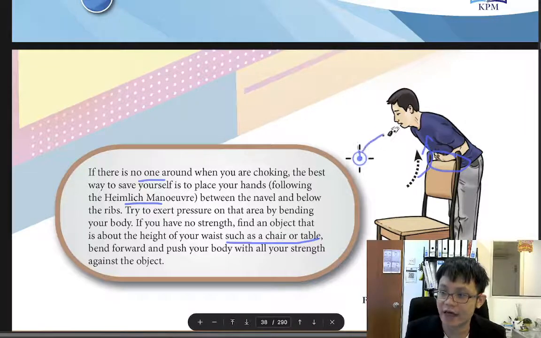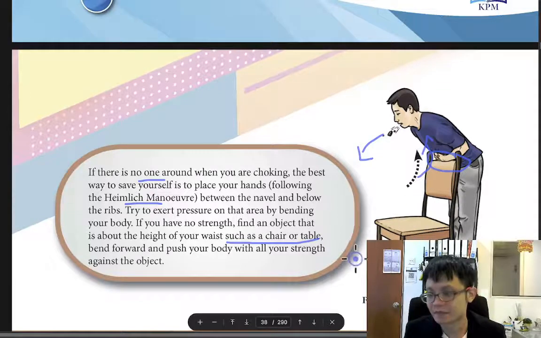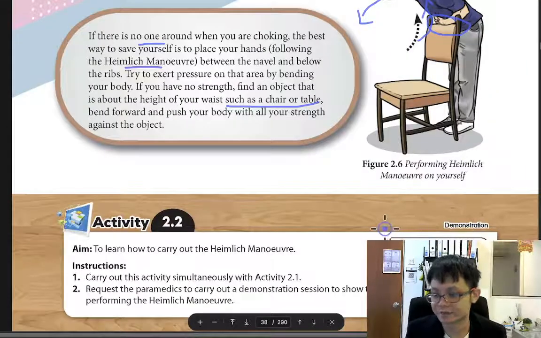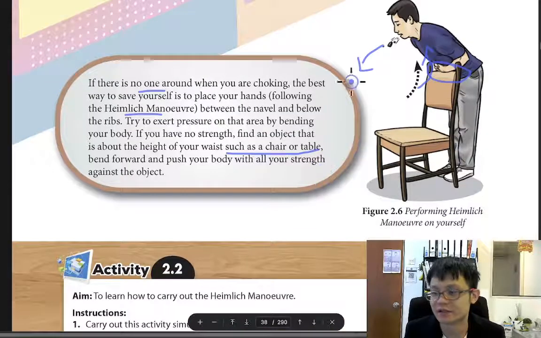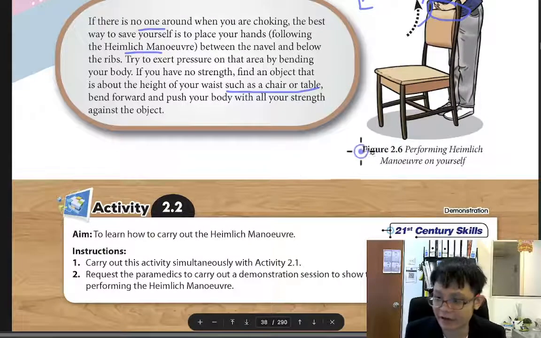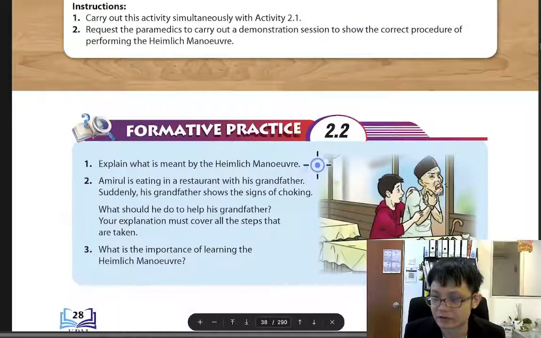So you won't need to die. Of course this is very rare, but it does happen, especially for children, and adults also, and it can cause death, very dangerous. So you need to practice this.